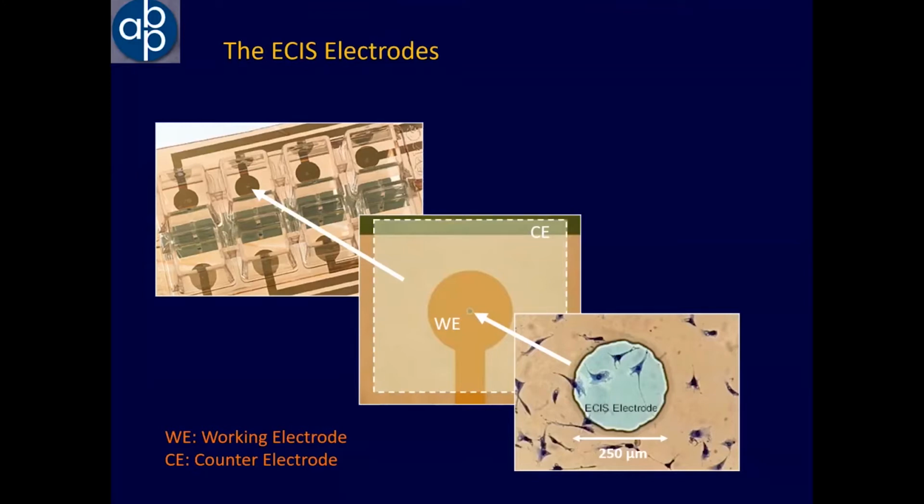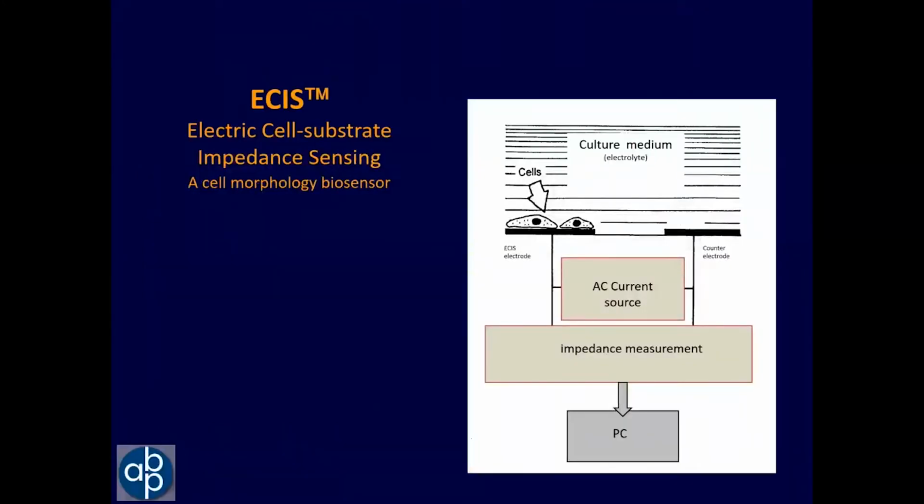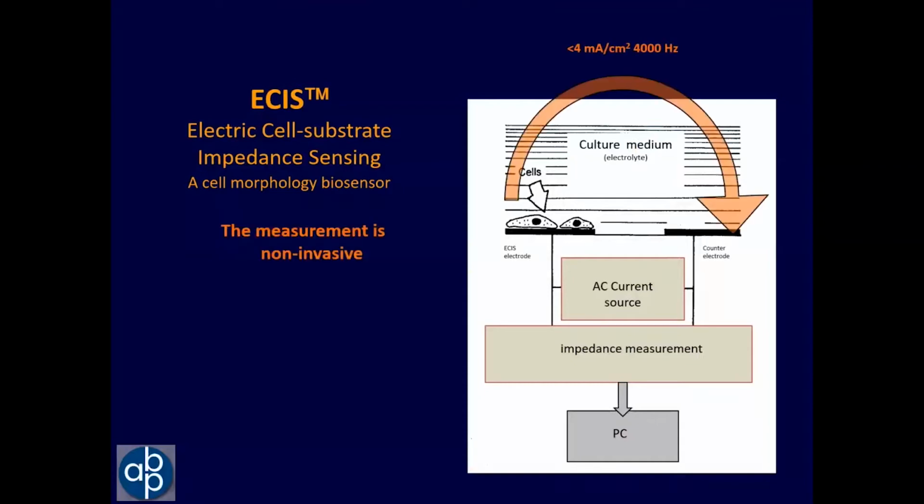With this small electrode, if we look at the actual measurement, we're going to use tissue culture medium as our electrolyte, and we're going to apply a very weak AC signal. We want it to be weak because we want to essentially monitor the cells non-invasively, so they're unaware of the measurement, so we don't affect them in any manner.